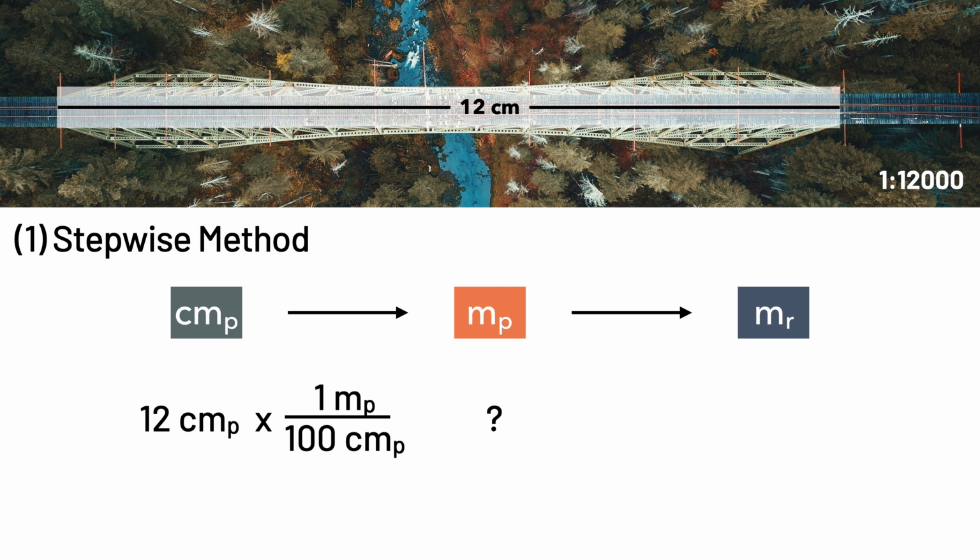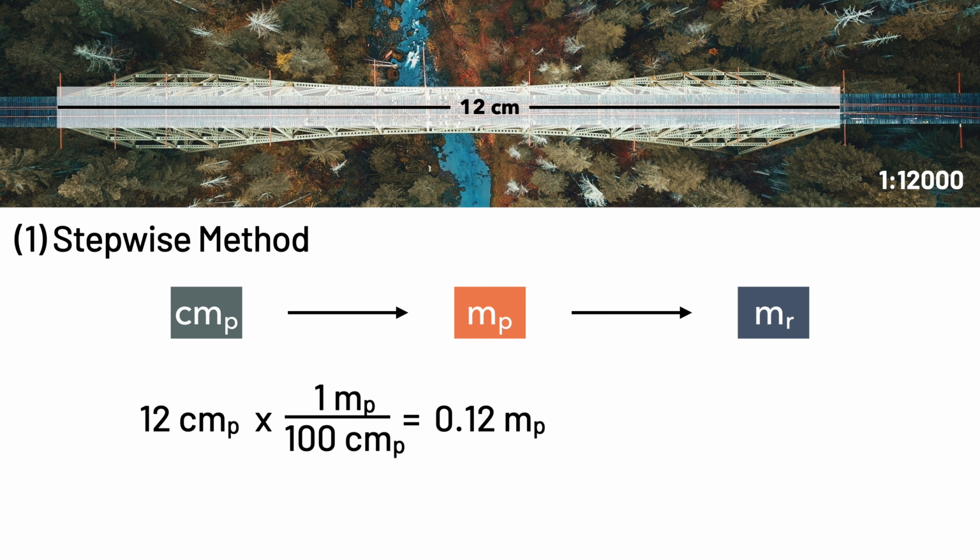Now we just need to do the math. You can use a calculator if you need to, or you can move the decimal. If we think through the problem, 12 times 1 is 12, and 12 divided by 100 is 0.12 meters, because we move the decimal 2 places to the left. One step done. We've converted it to meters in the photo, as you can see indicated by the subscript.